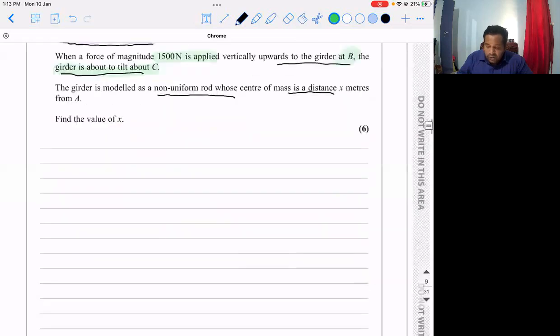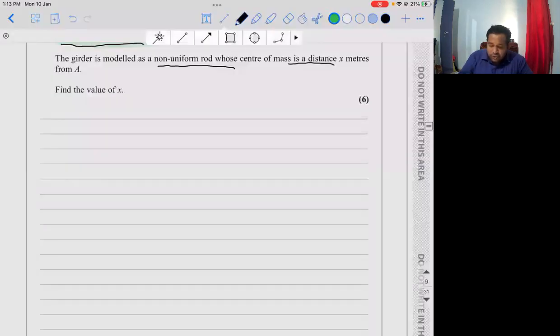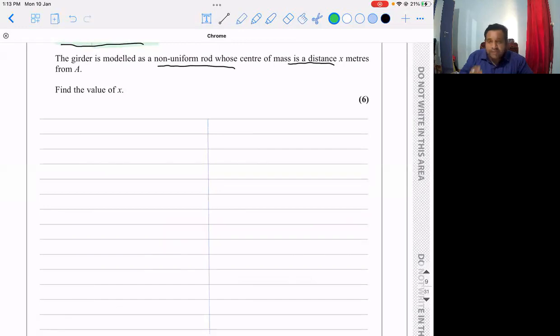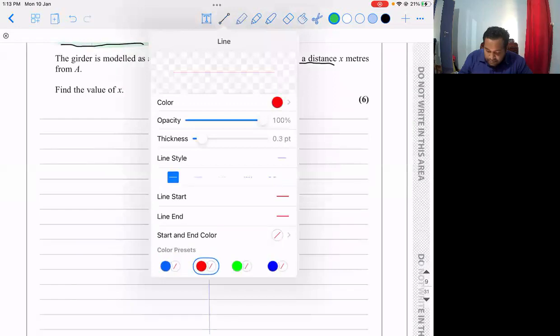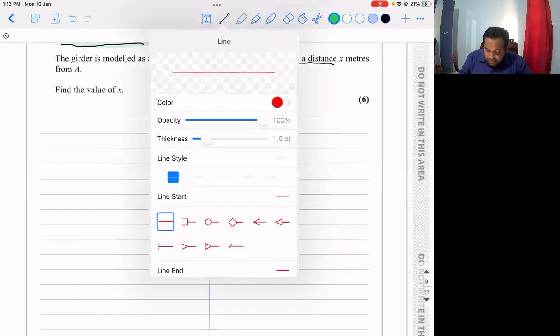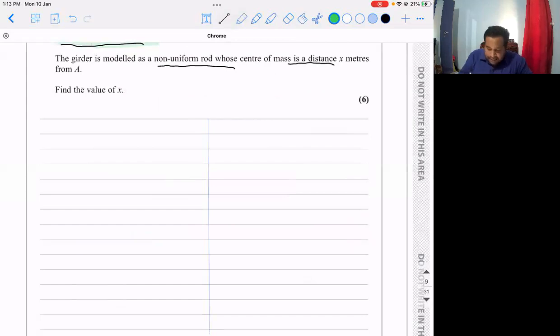We will approach this question as two separate cases, so I will separate these two portions and use a different color.